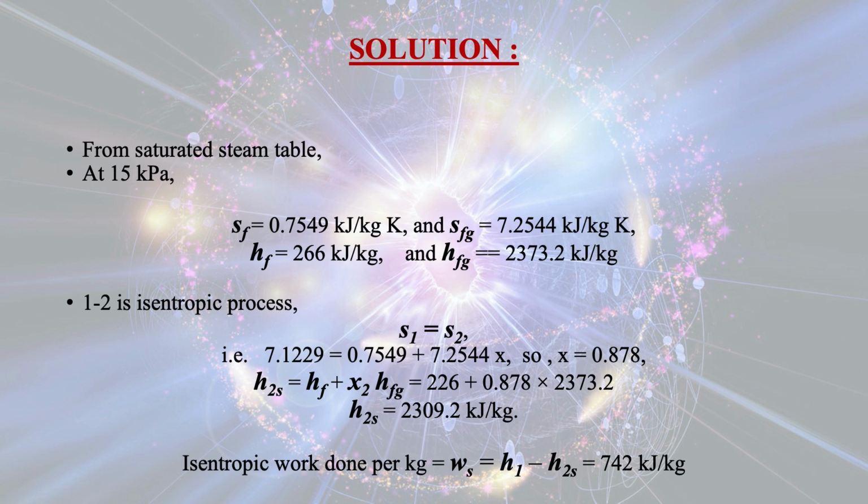And we know very well that 1 to 2 is isentropic process. From here you calculate the value of X, that comes out to be 0.878, and in turn we can calculate H2S is equal to 2309.2 kilojoule per kg, and for isentropic work done Ws is equal to H1 minus H2S, that comes out to be 742 kilojoule per kg.